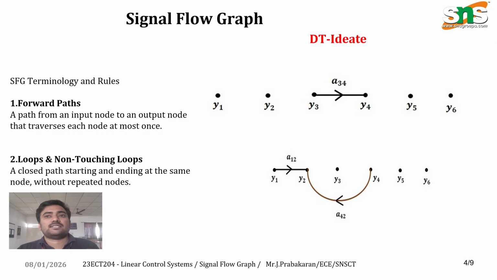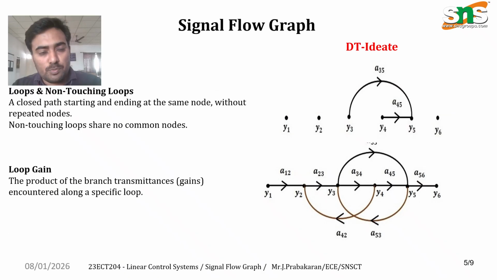Feedback means part of the output signal is fed back to the input, which is called feedback. And the third thing is non-touching loops. Non-touching loops are loops that don't share any common node. Loops and non-touching loops we have already discussed.